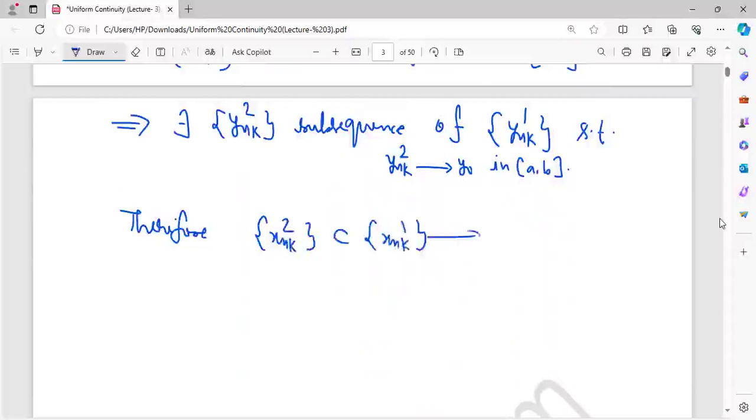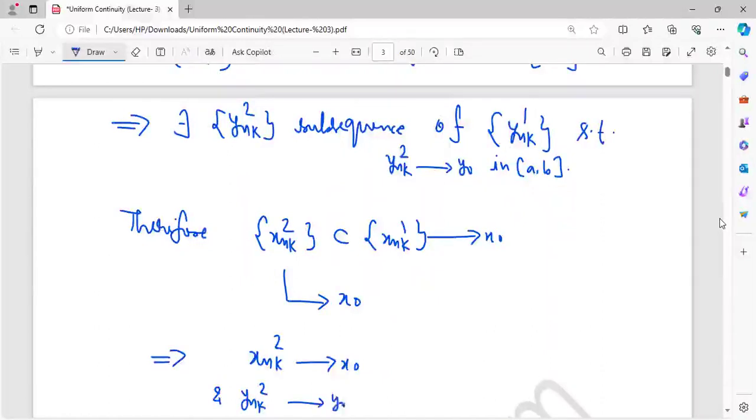The original sequence converges to x naught, so this sequence will also converge to x naught. So we have xnk2 converging to x naught and ynk2 converging to y naught, and the indices of the two sequences are the same.